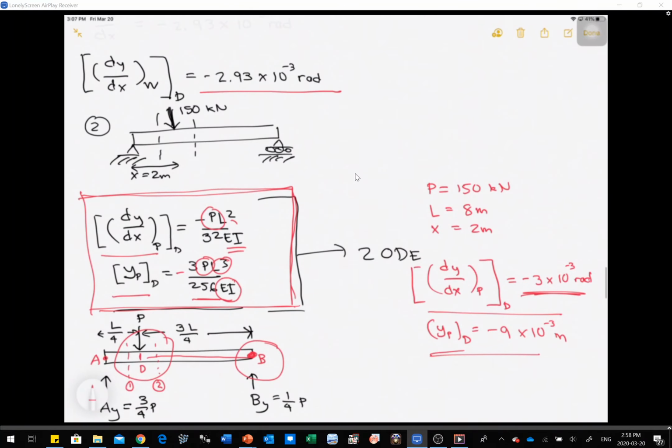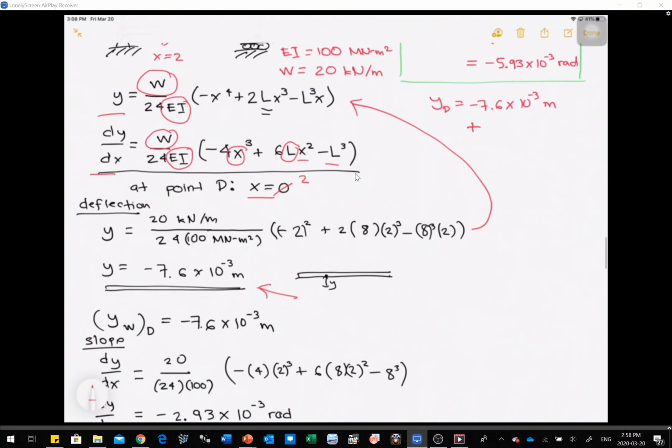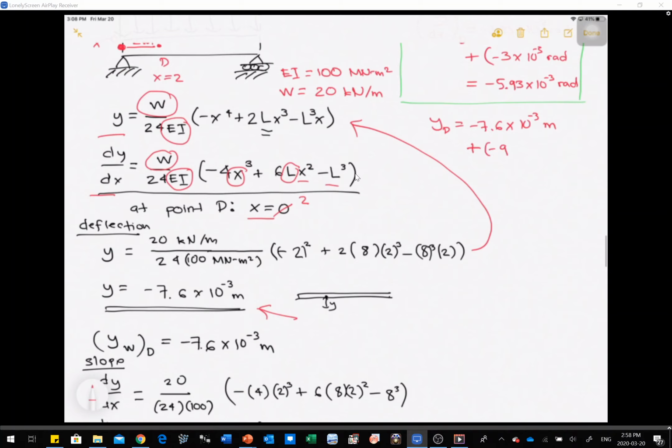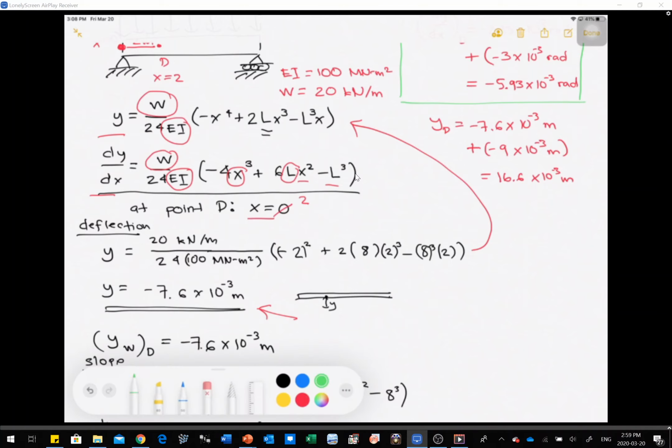We have a number here which is 9 times 10 raised to negative 3, and that's a negative number. So that's negative 9 times 10 to the negative 3 meters, and we can add them together, and then you will get 16.6 times 10 to the negative 3 meters. So that's going to be the answer for y sub d.